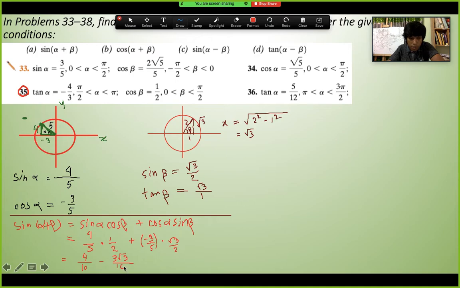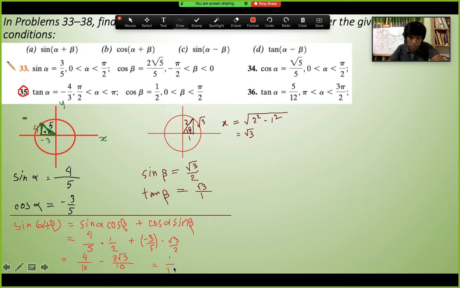Then we can take this 10 common, so it will become 1 by 10 into 4 minus 3 root 3. You can write this 1 by 10 into this also. That is also nice. Let's write it that way. Just for beautification, you know.